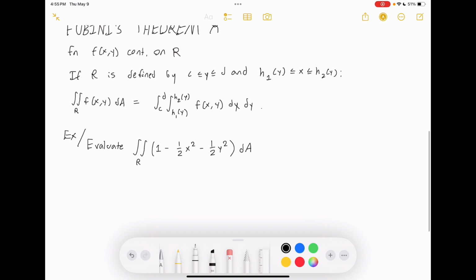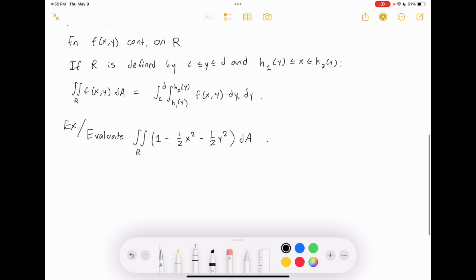And the region R is equal to 0 is less than or equal to x is less than or equal to 1, and then 0 is less than or equal to y is less than or equal to 1.